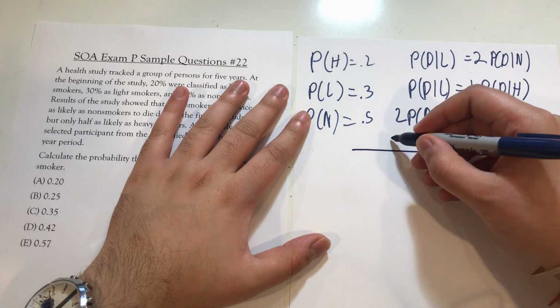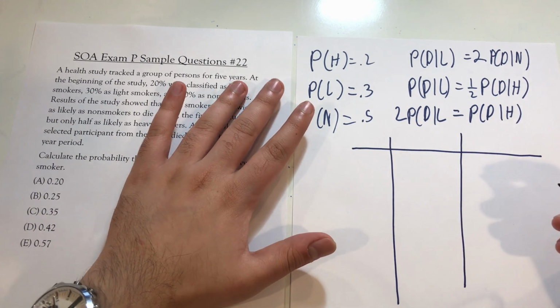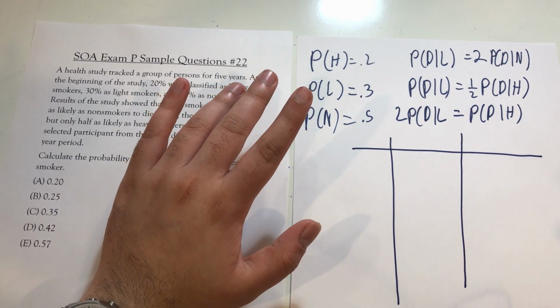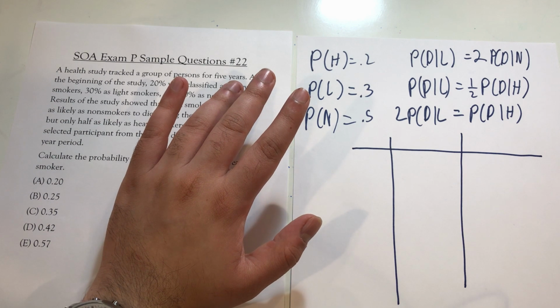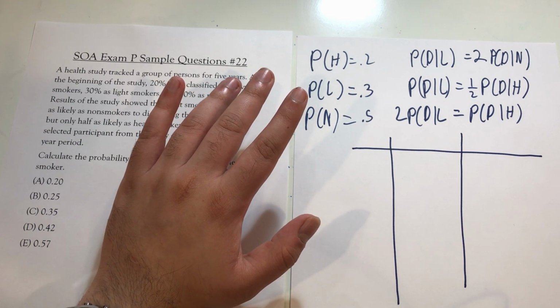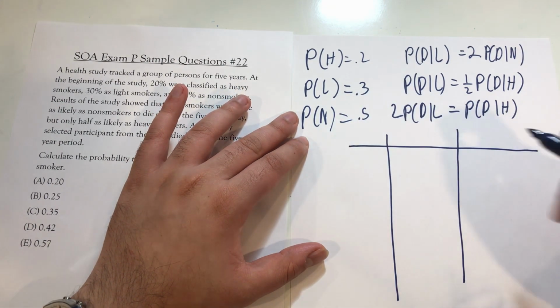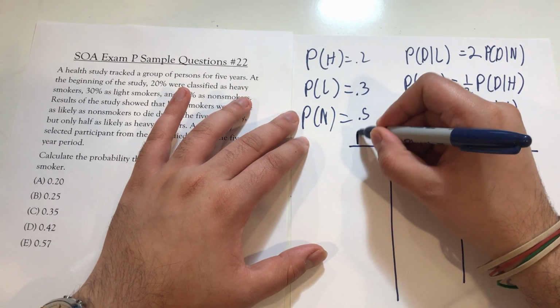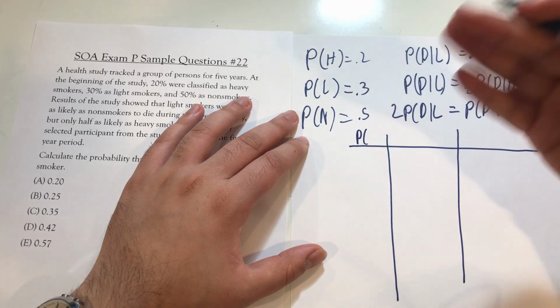So this is the chart I like to make when given conditional probabilities, right? You might have noticed, seeing some of my other videos, how it differs from charts I make when I'm given intersections, depending on what information I'm given. This is good for conditional probabilities. This column will be the probability of being in a specific group, right? So either you're a heavy smoker, light smoker, or non-smoker.